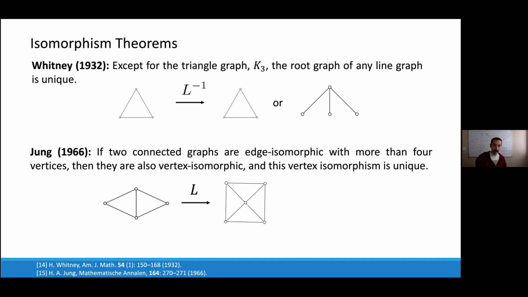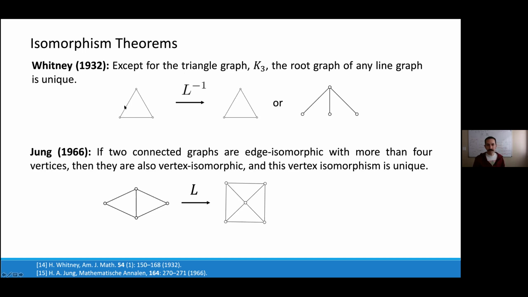There's a few more things that come out of this characterization in terms of line graphs. For example, there are certain isomorphism theorems that we can use to study the larger scale structure of these models by appealing to their graph structure. So with the sole exception of the triangle graph, so this graph here, the root graph of any line graph is in fact unique.